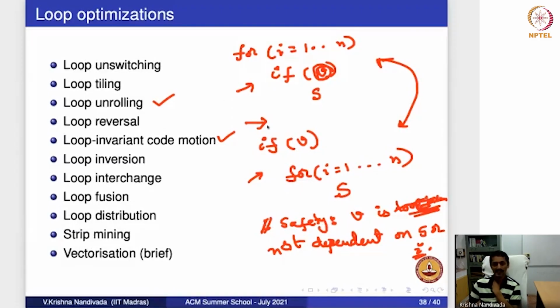Now, is it equivalent, this guy and this guy? Or is there something more missing? Let me give you a hint. One minor thing is missing. Can someone point it out?